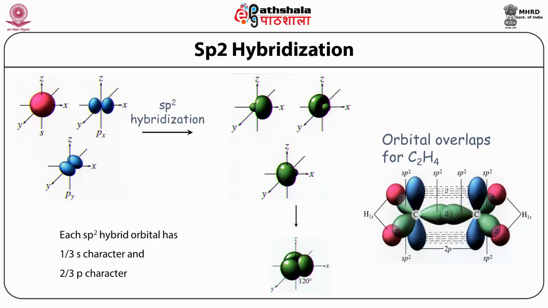That is, each Sp2 hybrid orbital has 1 by 3 s character and 2 by 3 p character. Now on the right side figure, we have the orbital overlapping for the C2H4 molecule. That is, there is the overlapping of this sp2 orbital.